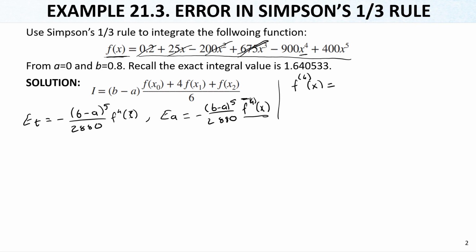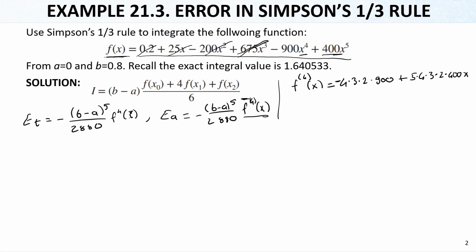Sorry, not even x remains, only the value remains. So 4 times 3 times 2 times 1 times, and actually let's make minus here, 900, plus, for this, 5 times first derivative, 4 times second derivative, 3 times third derivative, 2 times fourth derivative, and x remains, 400 times x.